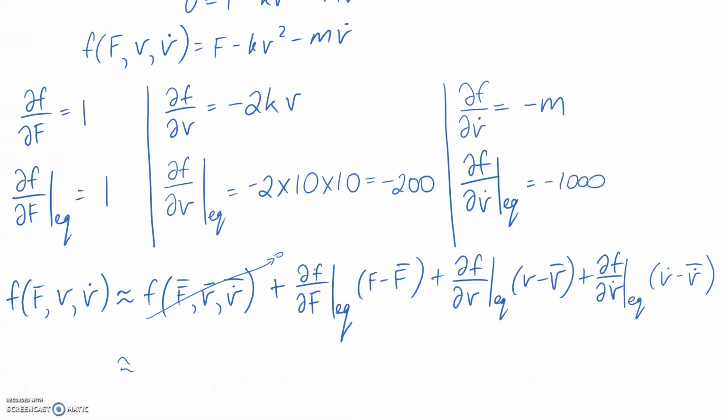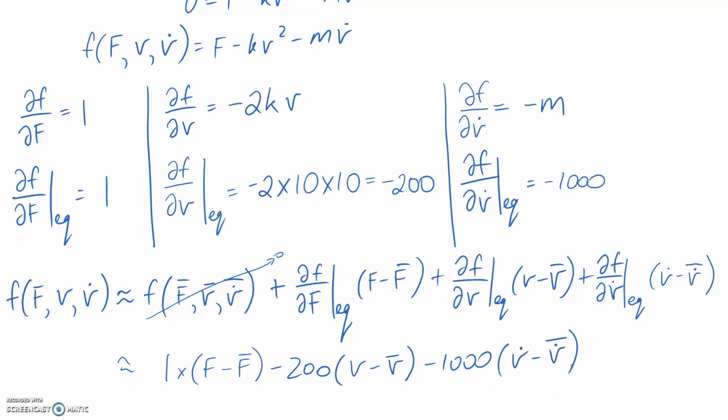So next we have our derivative with respect to f, which we found to be equal to 1, multiplied by f minus f bar, plus the derivative with respect to v, which we evaluated to be -200. So let me go back and write this as -200, multiplied by v minus v bar. And then this last one here is -1000, multiplied by v dot minus v dot bar.